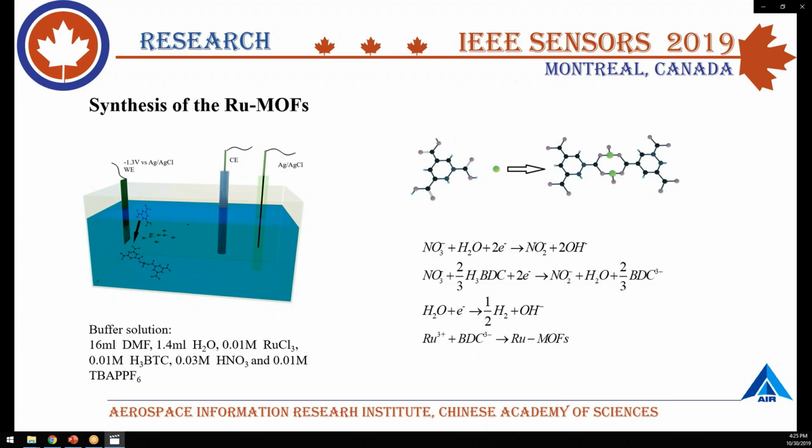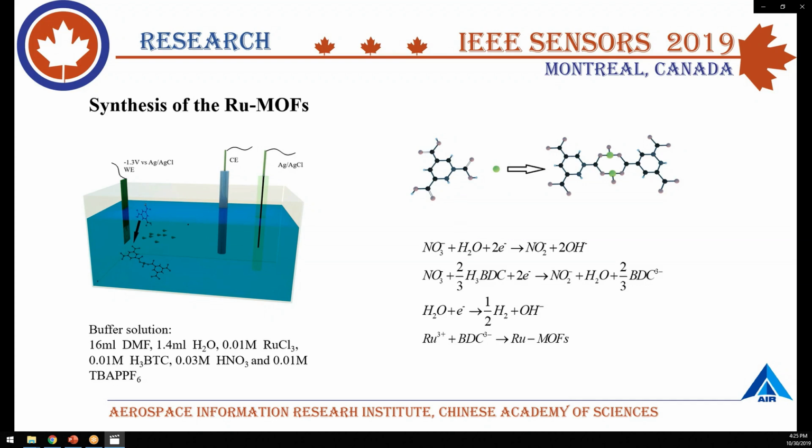Next, Ru-MOFs were prepared by the cathodic method. The working electrode is the cathode. It means the working electrode holds at negative 1.3 volt for 15 minutes. A large amount of ruthenium ions get together on the surface because they are attracted by the electric potential.